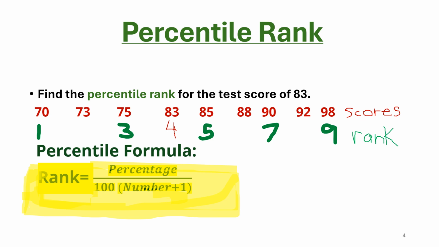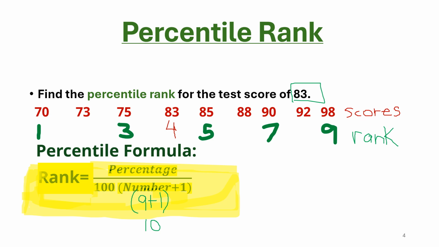Okay, so you want to know what it is for this score, 83. The number of scores is 9, so you put 9 plus 1, which of course is 10.